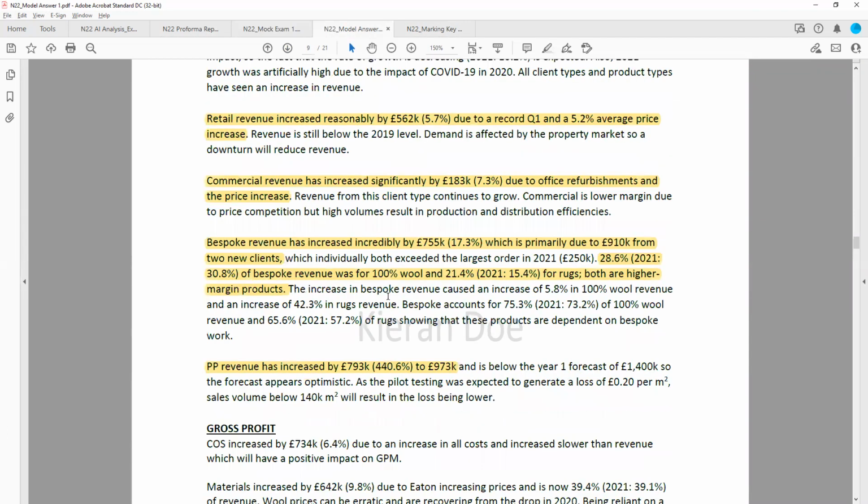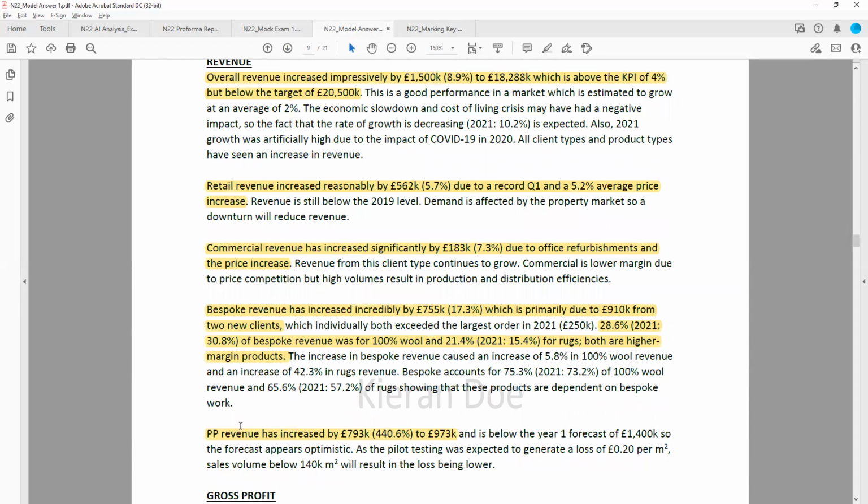So we could bring some of those points into our exec summary, maybe a bit more further analysis on bespoke revenue.